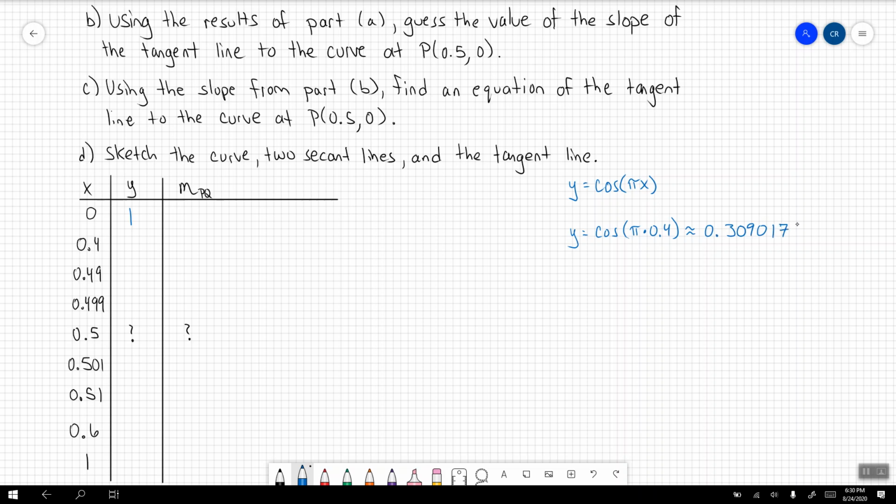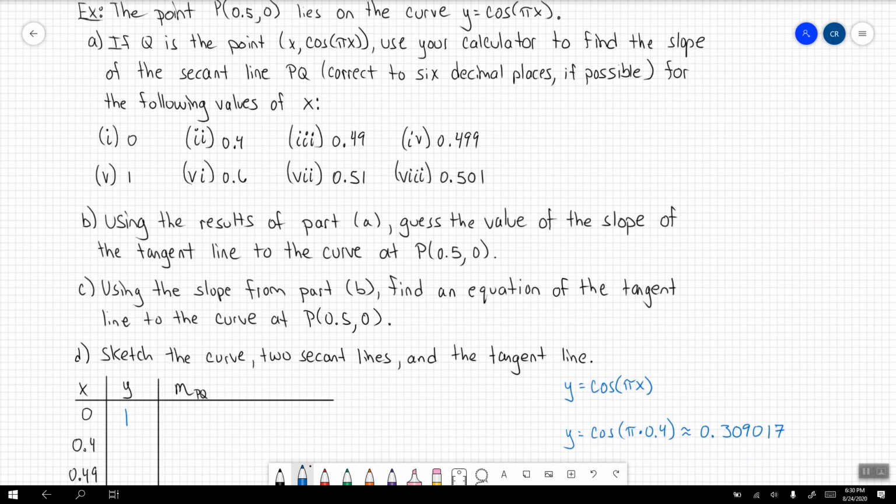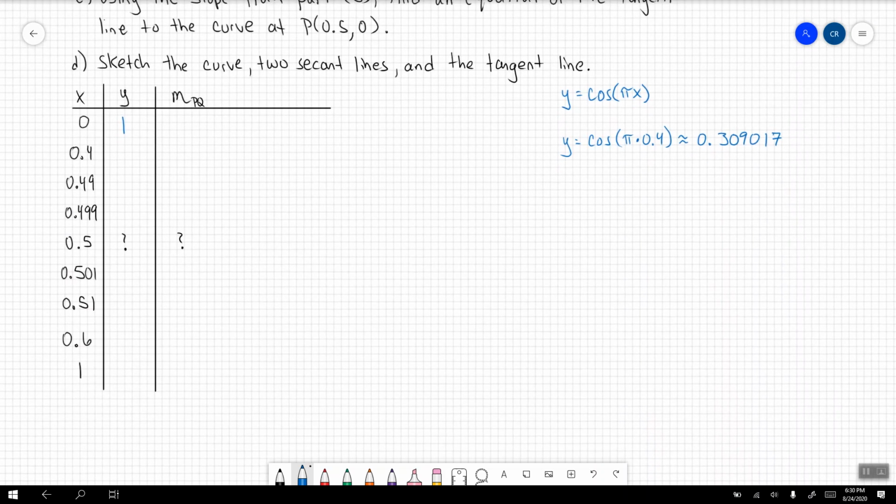Notice I am truncating this value only to 6 decimal places because at the end of the day, the problem was asking us to estimate this up to 6 decimal places, and I want to keep with that process. So in here, my y value is 0.309017.